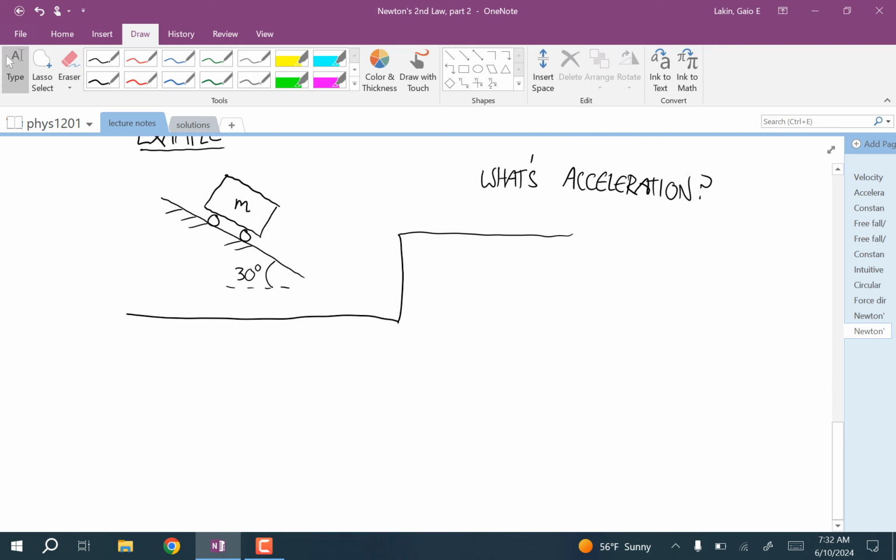Like always, I'm going to start with a free body diagram. And I'm going to choose my positive direction to be this way. The forces acting on this: there's a weight that's acting straight down.